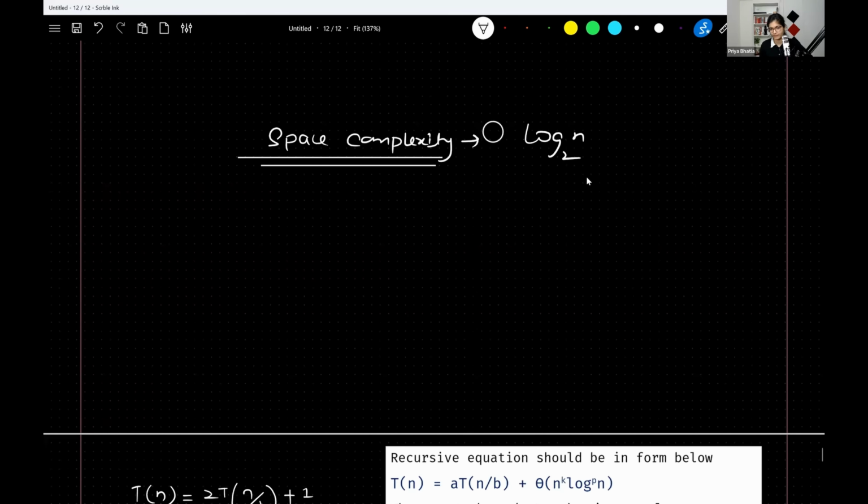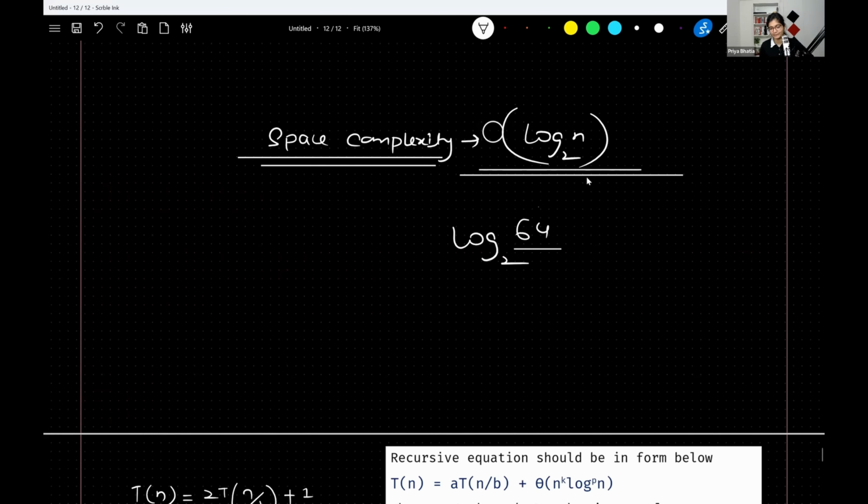We have n value 64, so if you solve this, you get 2 to the power 6, approximately 8 levels. That means that many levels of space you're using, right?